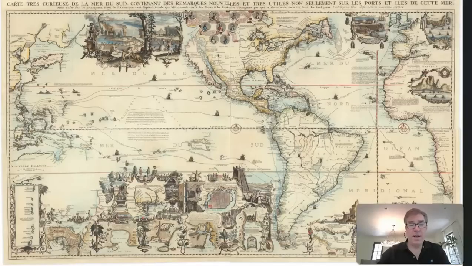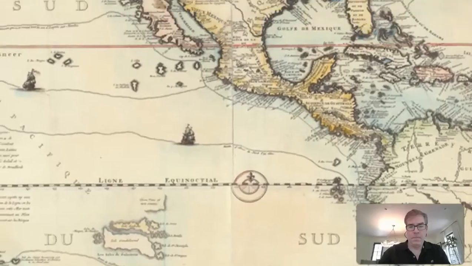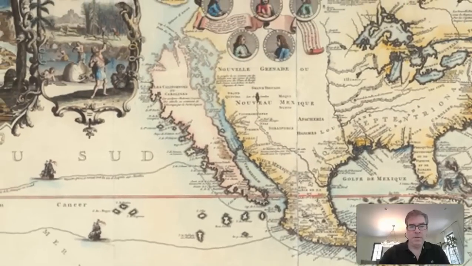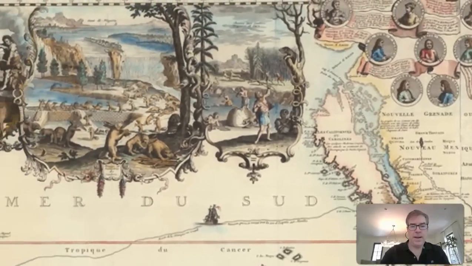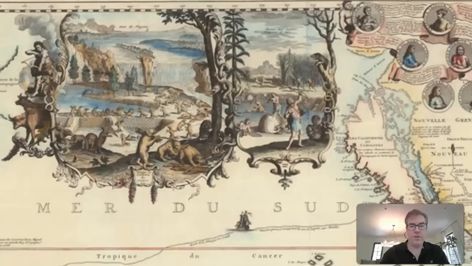And one more from that time period. You can see again, California is an island, but now, as it's getting later in the early 1700s, you begin to see pictorials in this area. And as we'll see, suddenly this region became unknown.